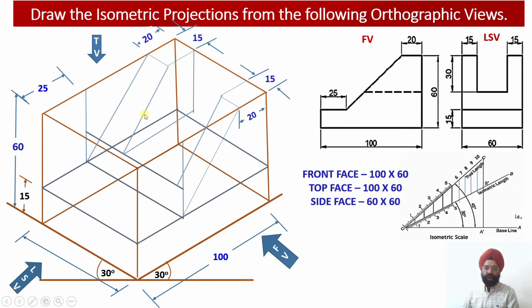So I could have drawn this horizontal line up to this. So once I draw this perpendicular parallel to the y-axis, then I draw this isometric line parallel to the z-axis. So wherever this construction intersects with the internal edge of this particular web, I am going to get this joining point. Or the second method is you draw 15 millimeter height.